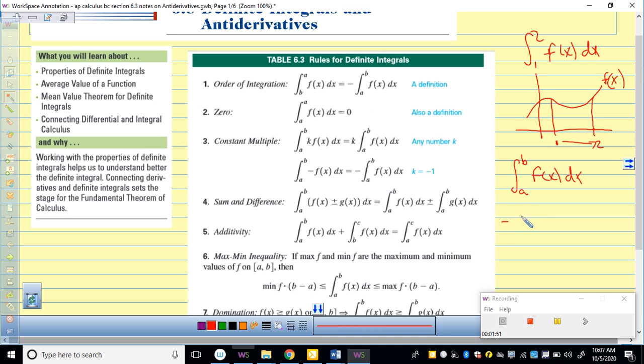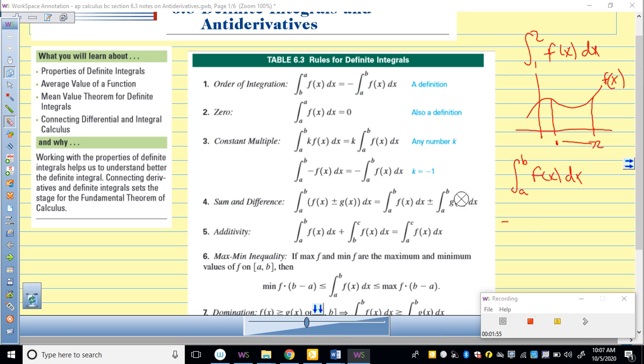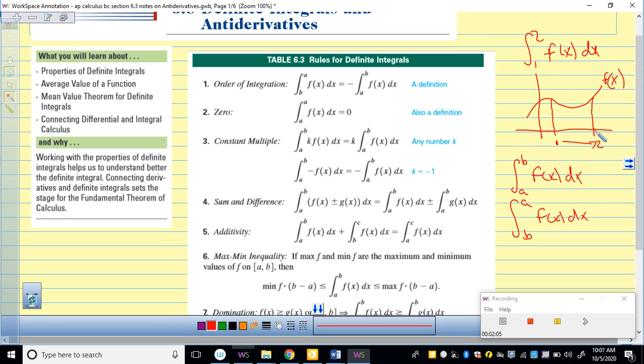So the negative: if we had the integral from b to a of f of x dx, then we would be going from the right end to the left, and it would be equal to the negative of the integral from a to b of f of x dx.